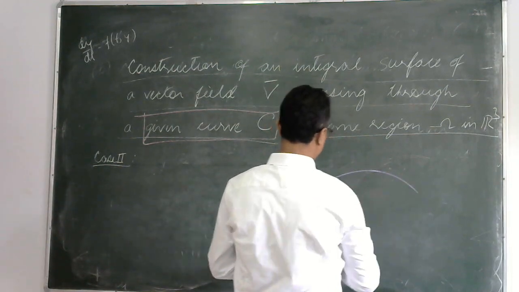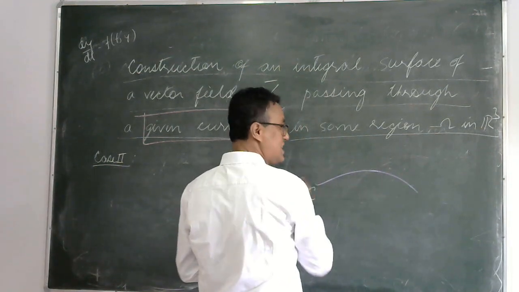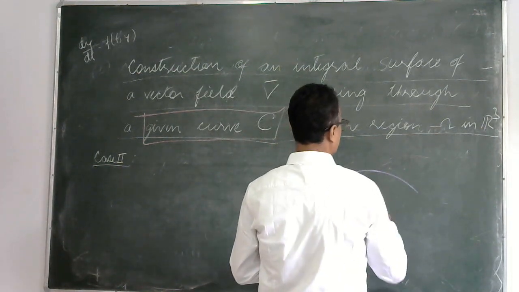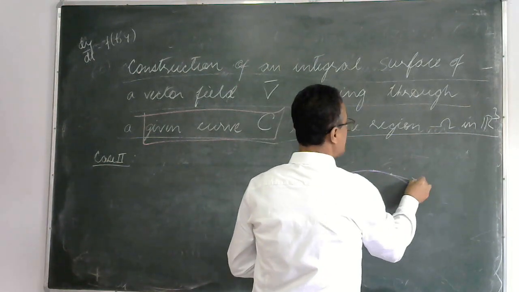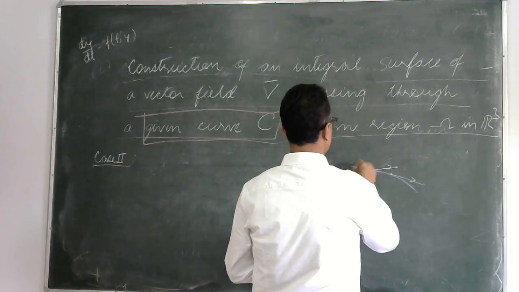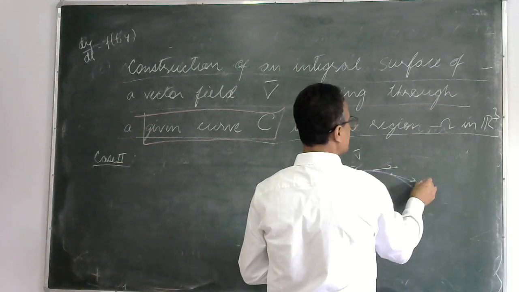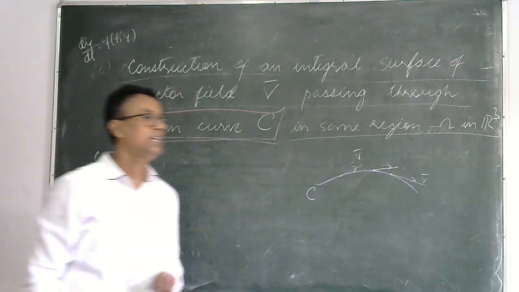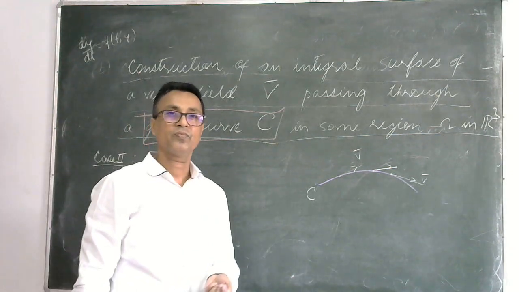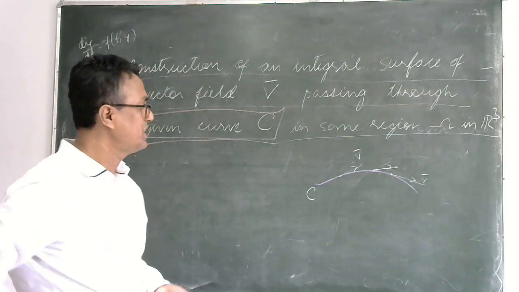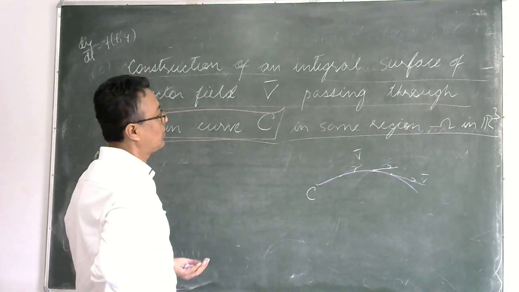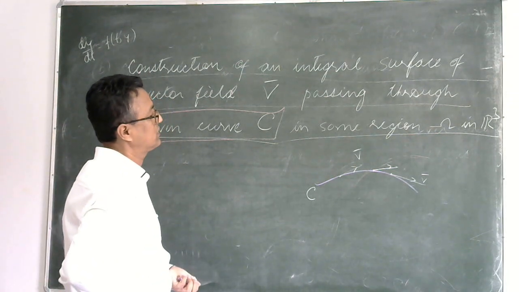I am now assuming that my given curve C is an integral curve. So that means at each point of C, your V is going to be a tangent.